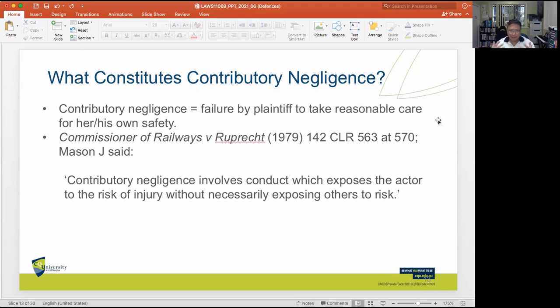So the focus is on the plaintiff. In the case of Commissioner of Railways versus Ruprecht, Justice Mason at that time said that contributory negligence involves conduct which exposes the actor to the risk of injury to himself or herself without necessarily exposing others to risk.